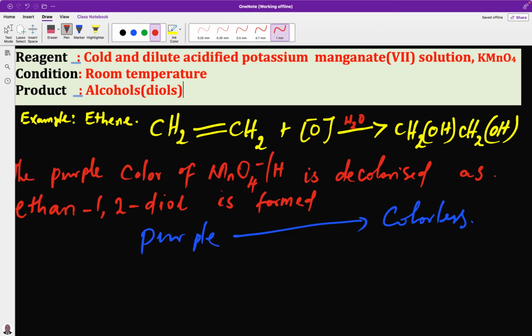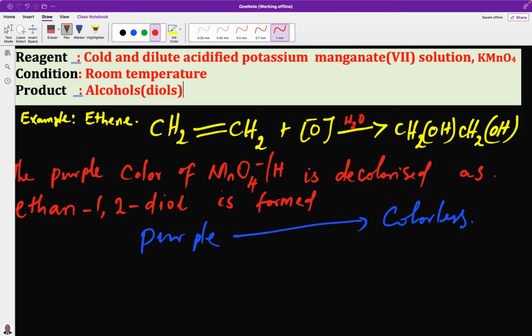When ethene, for instance, is reacted with cold dilute acidified potassium manganate 7 solution, the purple color of the acidified manganate 7 solution is decolorized as ethane 1,2-diol is formed.